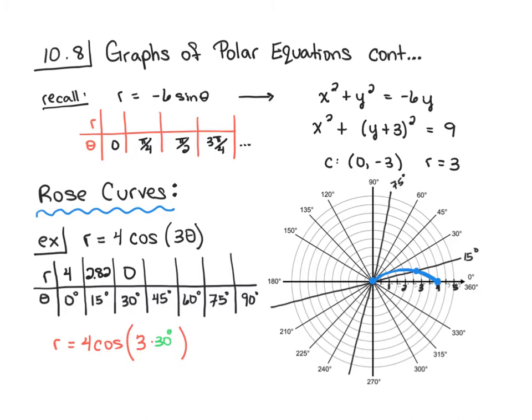Alrighty, 45 degrees. So 3 times, and again, I'm not going to keep rewriting it here, but just know that I am going to keep putting that measurement in for theta. So when I get to the next point where I plug in the next angle, it's going right there for theta. So 3 times 45 degrees puts me at 135 degrees. Cosine of 135 degrees is now a negative square root of 2 over 2.